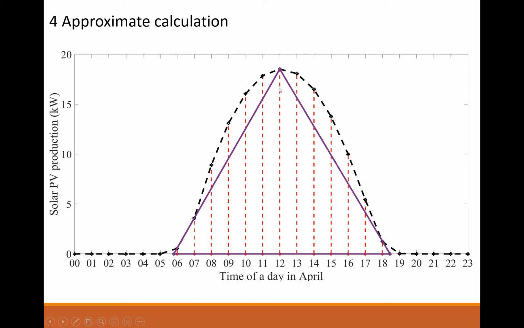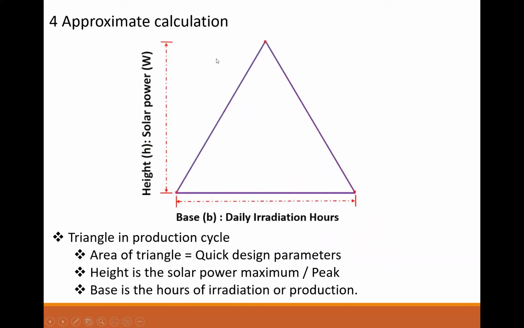We can remove this triangle from our graph, and we now have the height, which represents our installed capacity, and the base, which is the hours of daily irradiation.